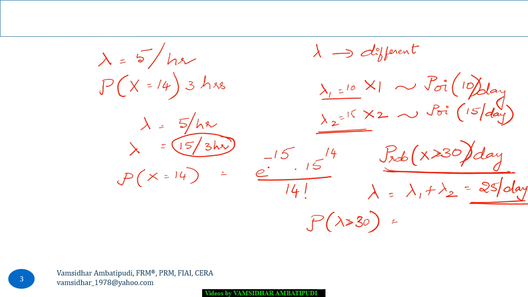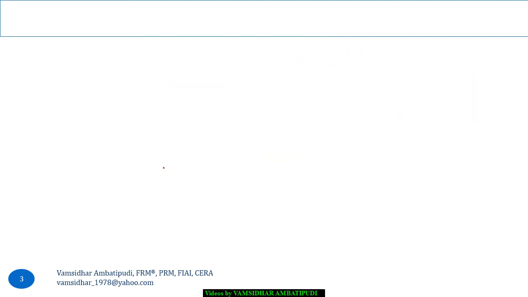This summative property that we have brought out is one of the important properties of a Poisson distribution, even if the means are different, even if the parameters are different. To generalize this, I am talking about x and y. X is one random variable with a parameter, let's say lambda.